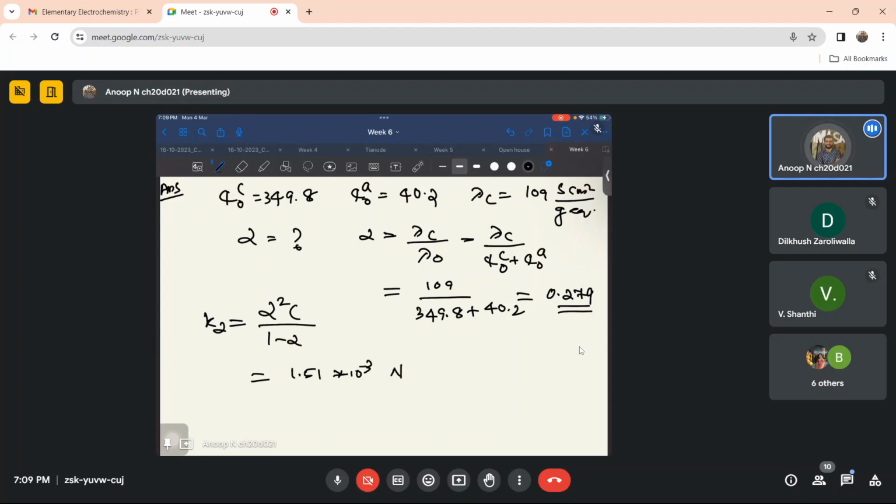It will be coming in normal, or you can write mole per gram equivalent. Both are the same unit. Is it clear?